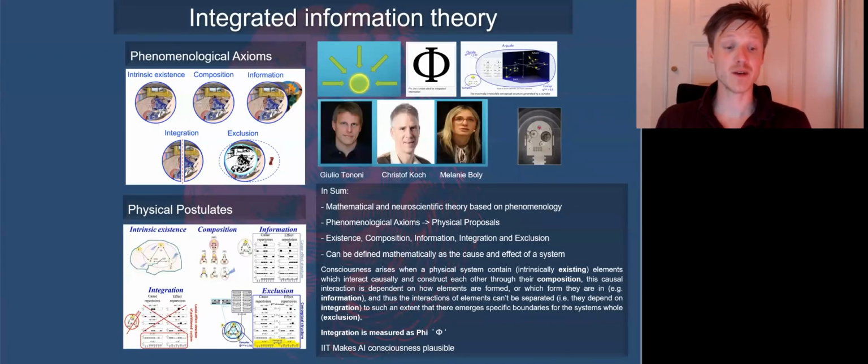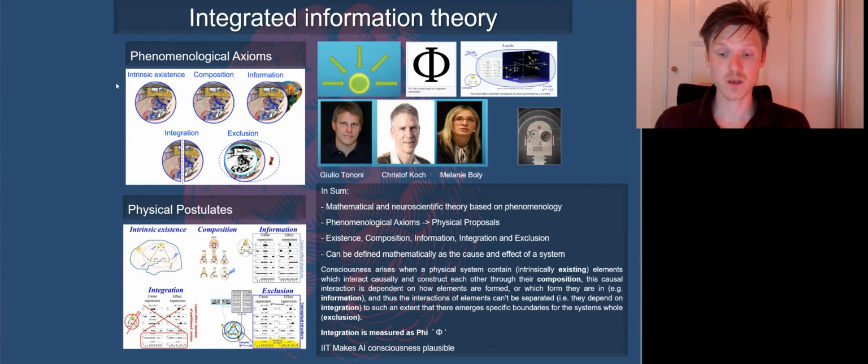So in sum, integrated information theory is a mathematical and neuroscientific theory based on phenomenological observation. The core idea of IIT is an observation of phenomenological axioms, or self-evident truths about conscious experiences, which can be translated into physical postulates, physical properties, proposals of how the system would operate in order to allow for such phenomenological axioms or experiences.